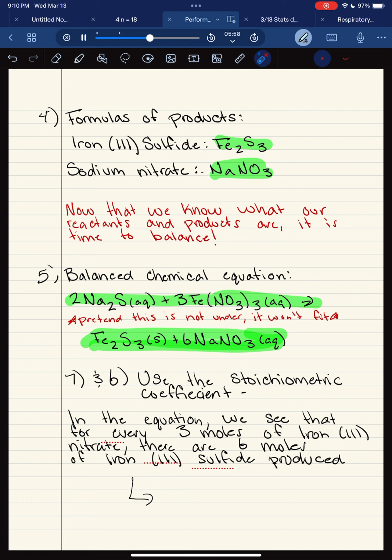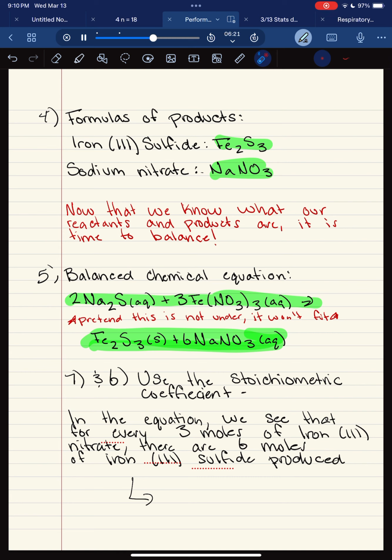Na represents sodium, which we do know is a metal. And then we have the nitrate ion, which consists of nitrogen and 3 oxygen atoms.